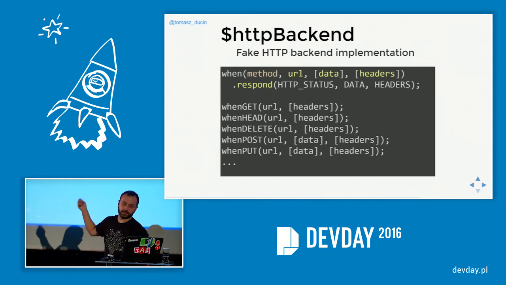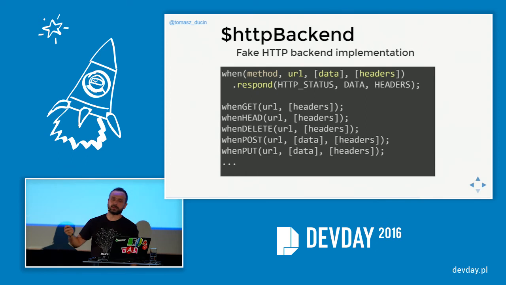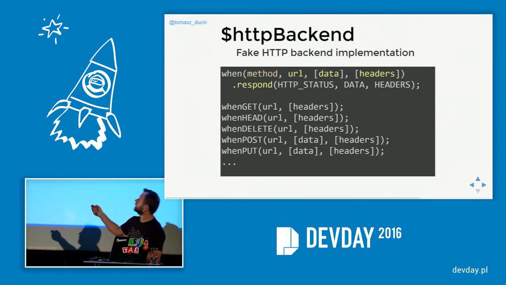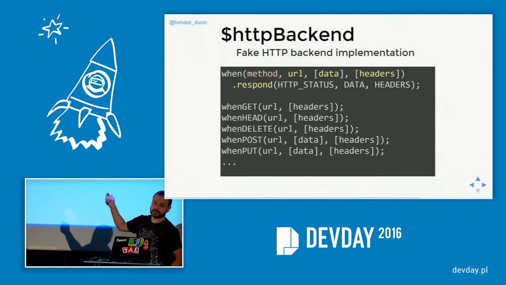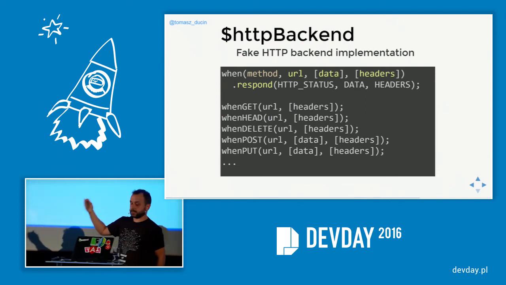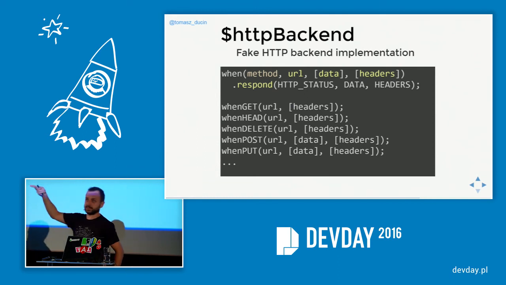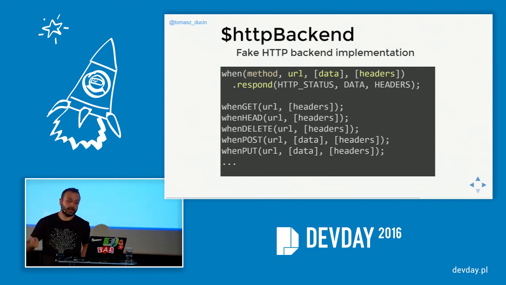We can have when get, when head, when delete, and so on. So we also define the URL, we define the method, we define the data, and also we can define the headers. And just as in sinon.js, we respond with a triple HTTP status, data, and headers. As you can see, the order is different, but the logic is exactly the same.